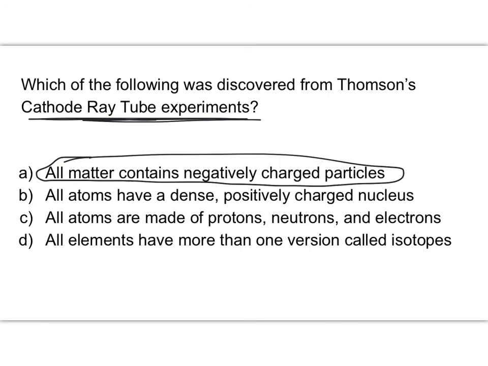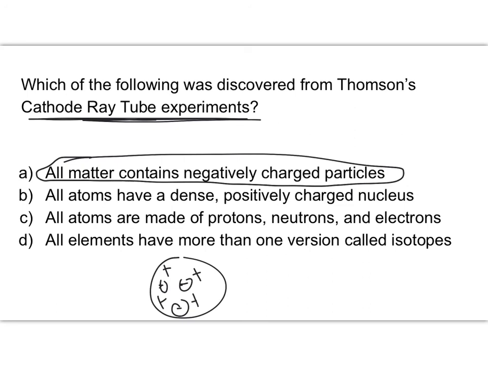And he discovered that all atoms contained these smaller negatively charged particles. This is what led to that plum pudding model of the atom, which is a blob of positively charged matter containing little bits of negatively charged matter called electrons.